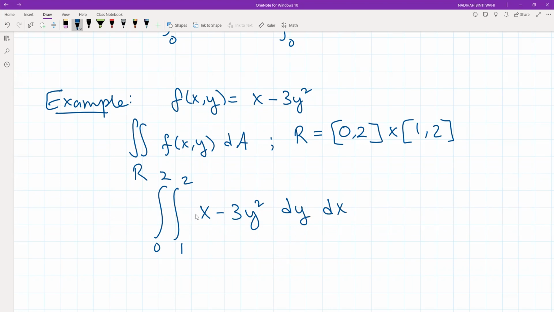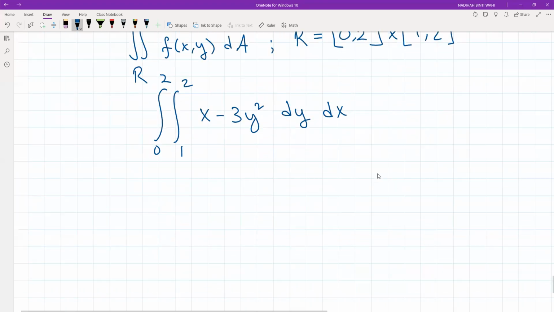Okay. Dalam case ni boleh tak kita take out x tu? Dalam case ni tak boleh sebab apa? Sebab x ni dia minus, dia tak boleh nak factorize. Okay. So in that case we can just let it be inside.